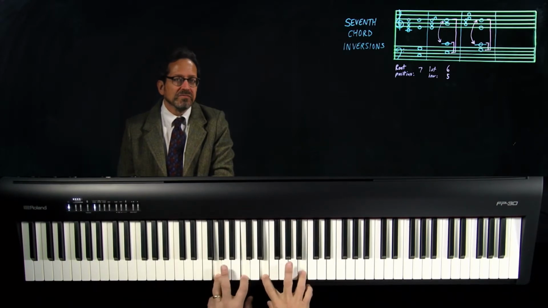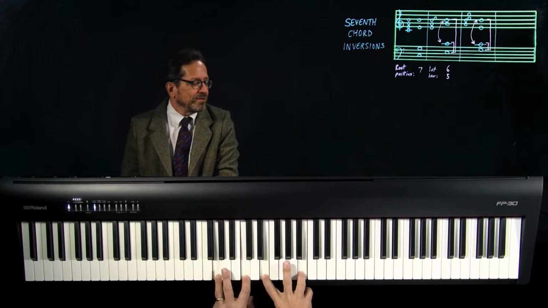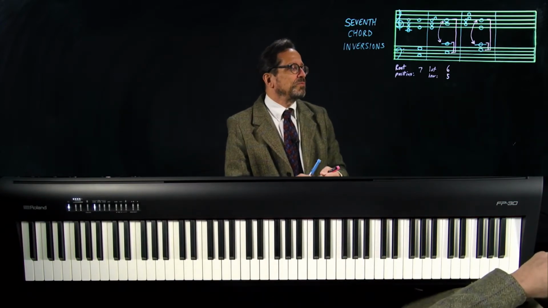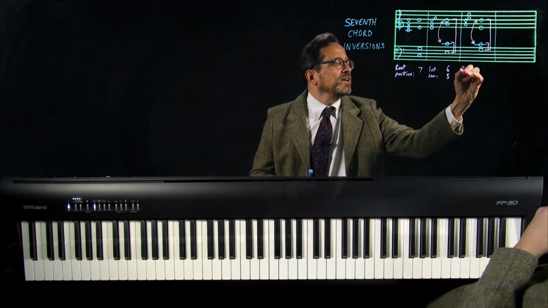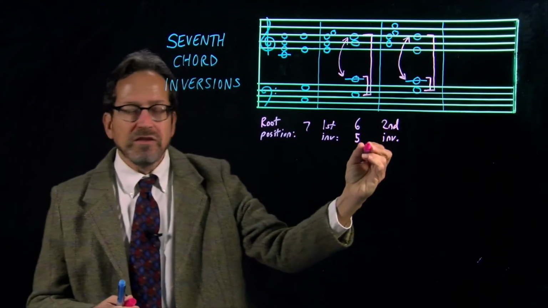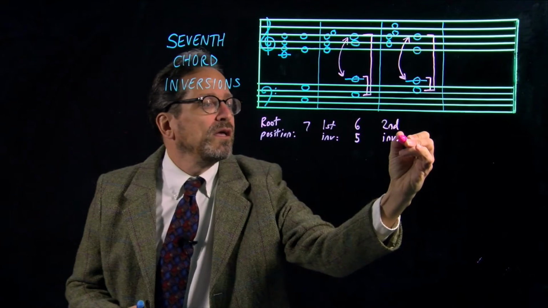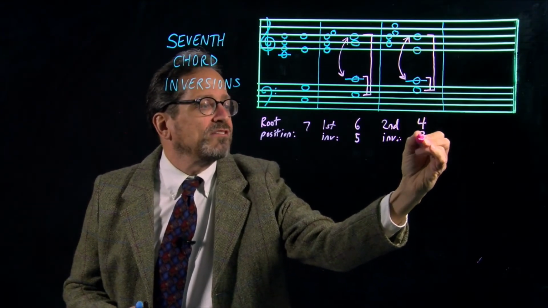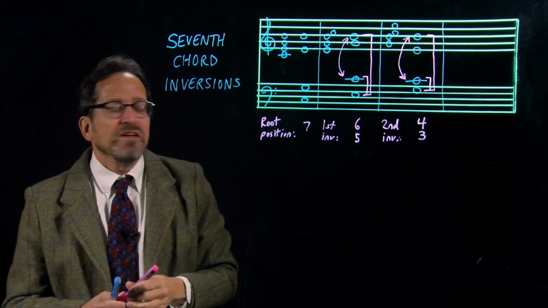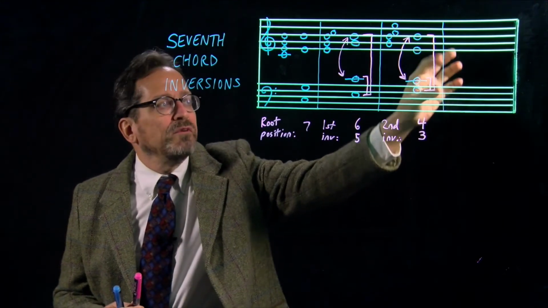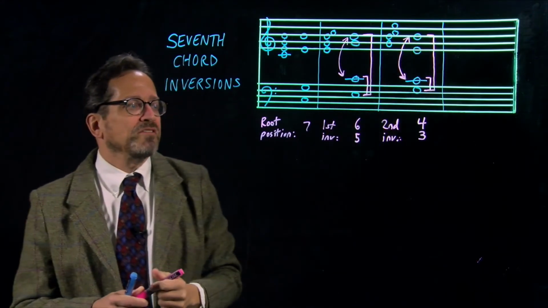And the dissonance is found there, again, between the tenor and the soprano in this particular arrangement. This is second inversion because we've got the fifth of the chord in the bass, and the numerical symbol for a second inversion seventh chord is 4-3 because we have the fourth above the bass and we've also got that third above the bass.